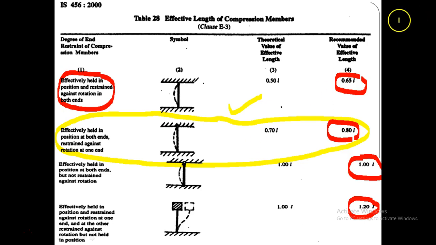Now what we want is the recommended value of effective length. So the recommended value is 0.8 L. Now that is the final answer for this particular question. Well, we have to calculate the effective length of the compression member. So finally, the student has to mark option number D.